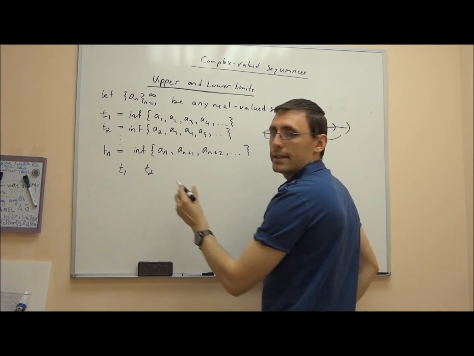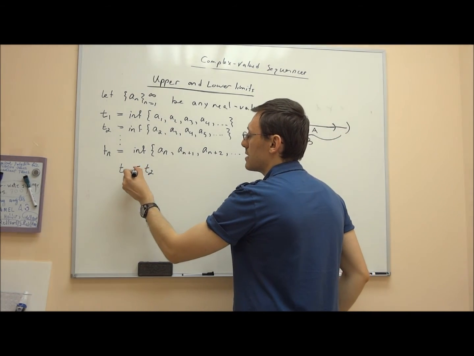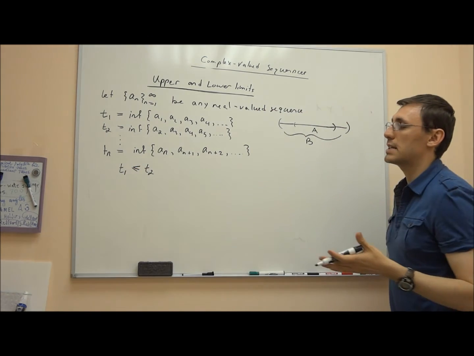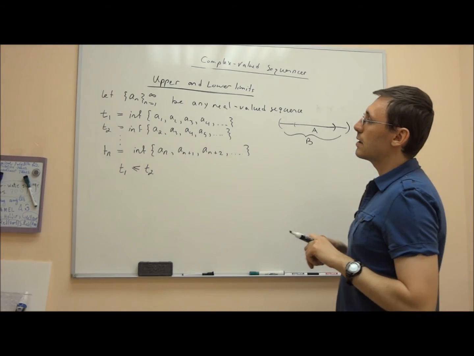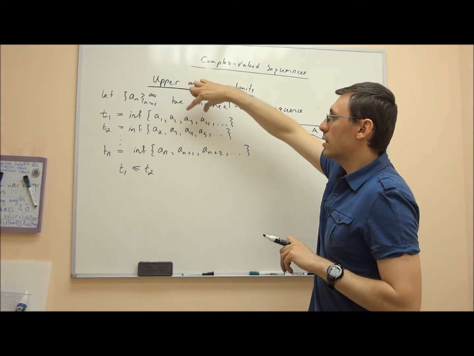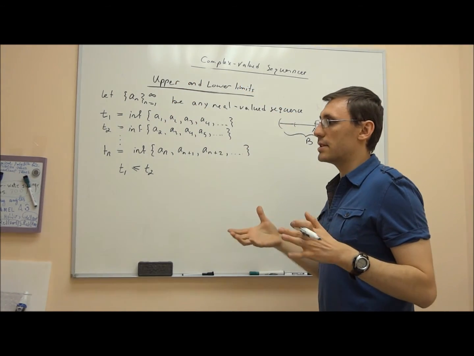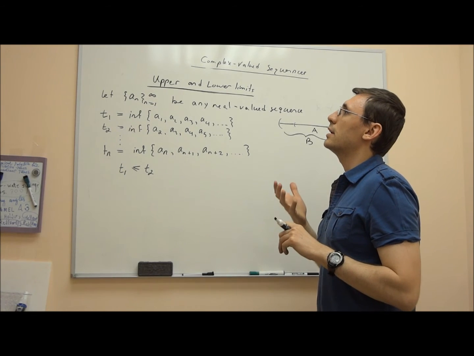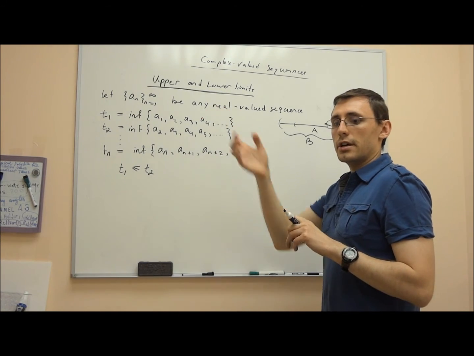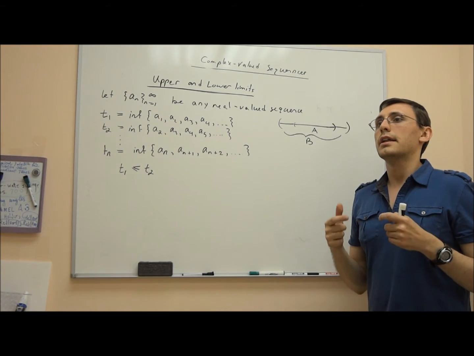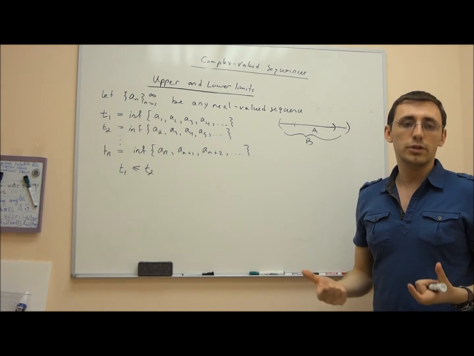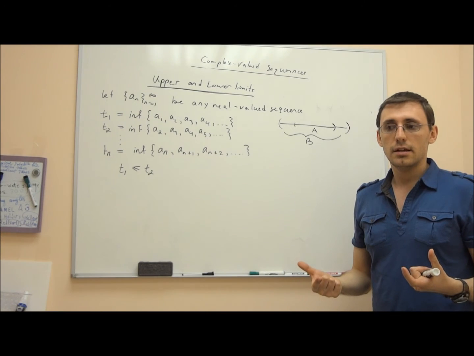So T1 and T2 must satisfy this relationship. T2 cannot possibly be smaller than T1. It is kind of like a minimum, right? So if you delete more terms, the minimum has to be growing larger. Imagine, for instance, I have 100 students in a class, and I compute the smallest grade for the class.